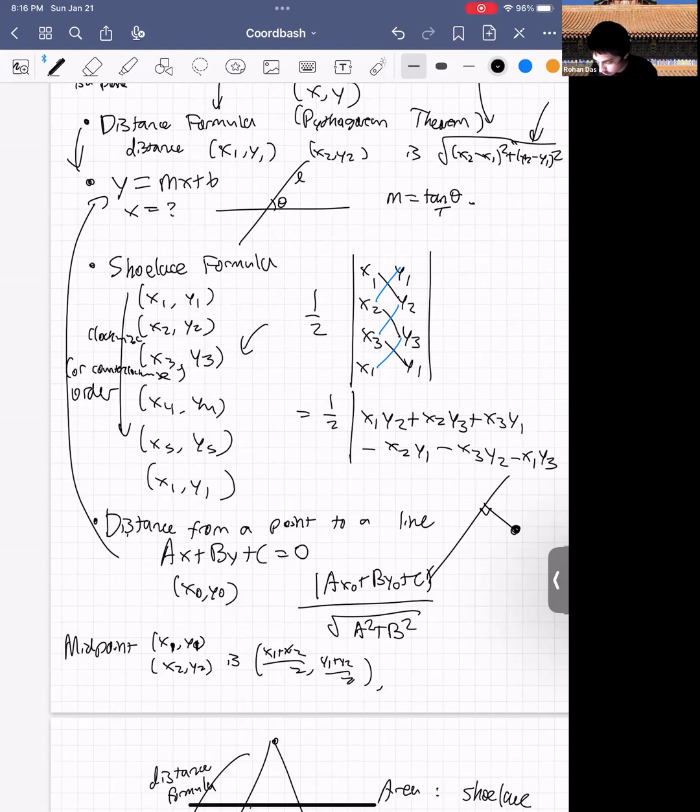And if two lines are perpendicular, their slopes multiply to -1.